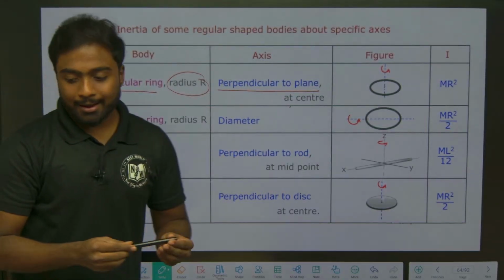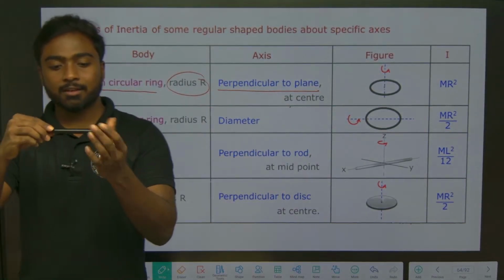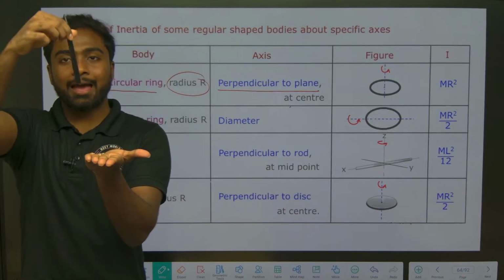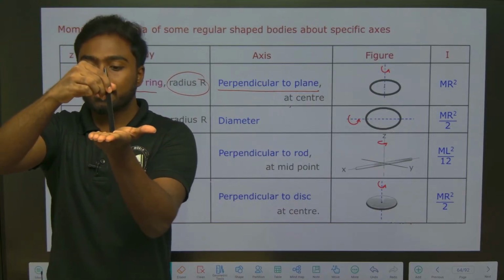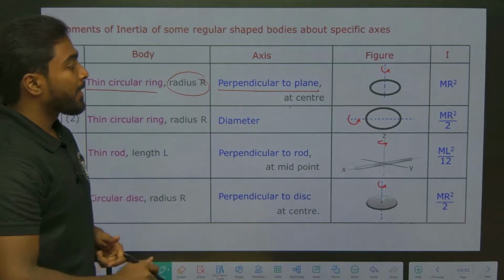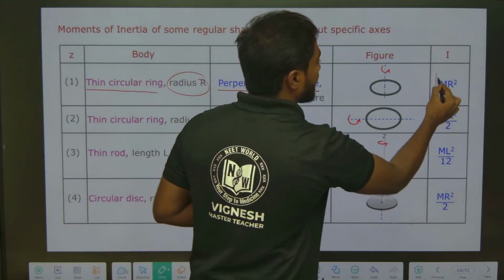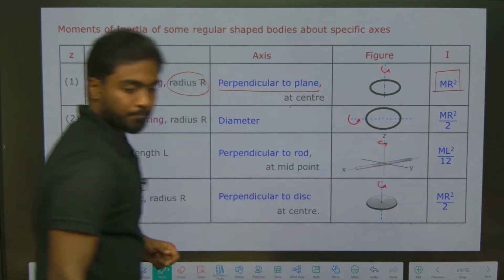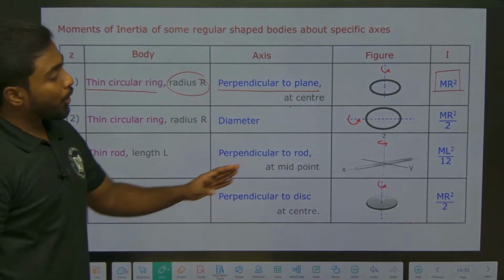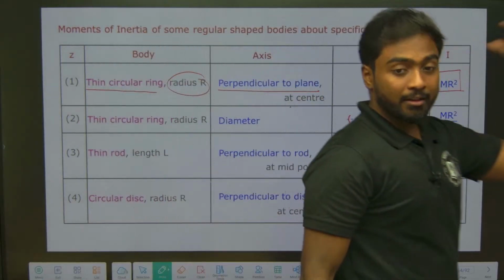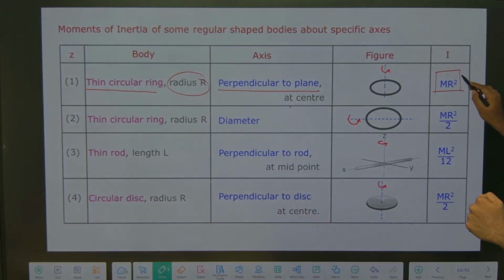So if we consider this is the ring, the axis is perpendicular to the plane at the center. So the moment of inertia is mr square. If we talk about the moment of inertia and the radius of gyration, what will be the radius of gyration for this one?